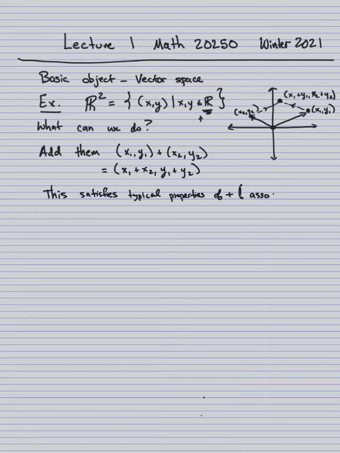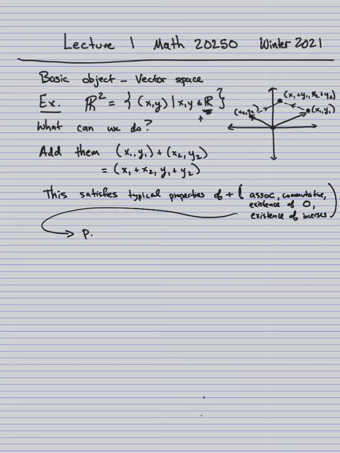Okay, but it's associative, commutative. There's a zero, existence of zero. There's an existence of inverses.